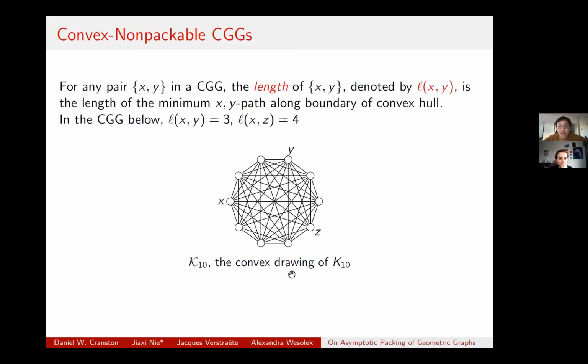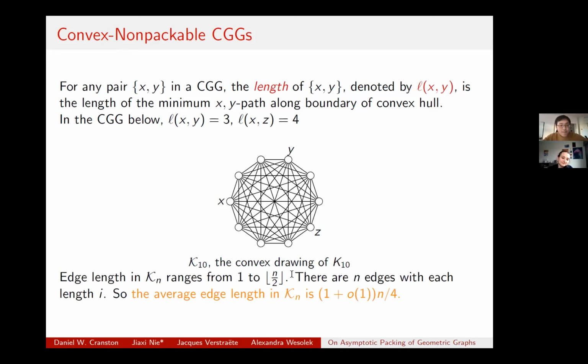As an example, in the CGG below, which is the convex drawing of K10, the length between X and Y is 3, because if you begin at X and walk clockwise, it takes 3 steps to get to Y. So its length is 3. And the length between X and Z is 4, because the shortest path around the convex hull is counterclockwise, and it takes 4 steps from X to Z.